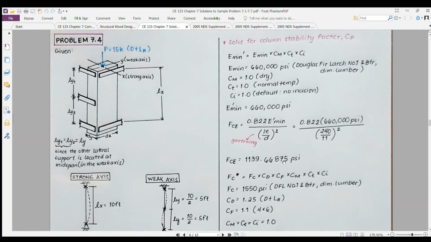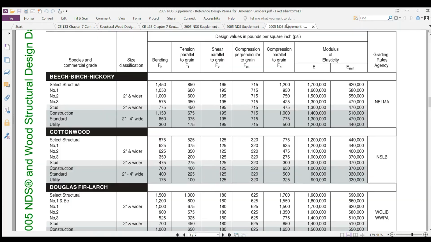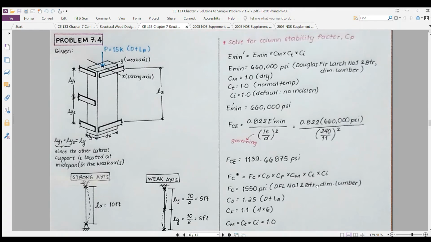Now we need to determine the F sub c asterisk. F sub c asterisk is equal to F sub c multiplied by C sub D, C sub F, C sub M, C sub t, and C sub i. For Douglas fir-larch, number one or better, F sub c parallel to the grain is 1550 psi, and the value of C sub D is 1.25 due to the normal load, since it will yield the largest value.